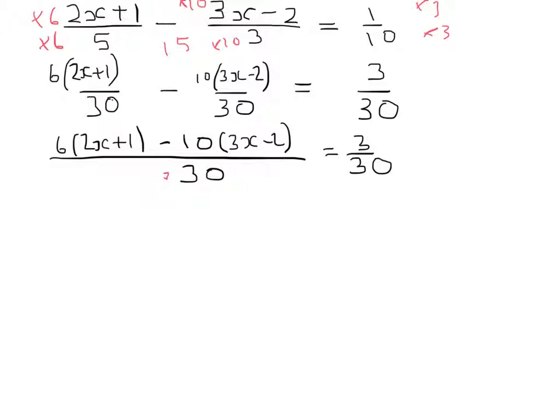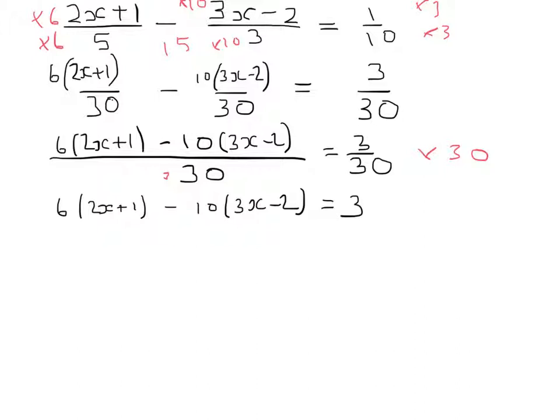If we multiply both sides, those 30 denominators will disappear, and so we'll end up with 6 times 2x plus 1 minus 10 times 3x minus 2 equals 3. We've multiplied both sides by 30. At this point we have a more familiar looking linear equation without any fractional terms that we can solve.